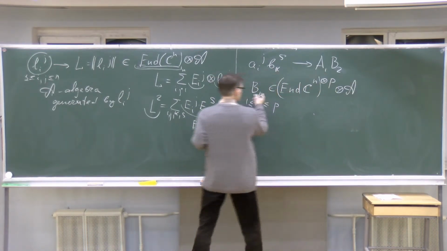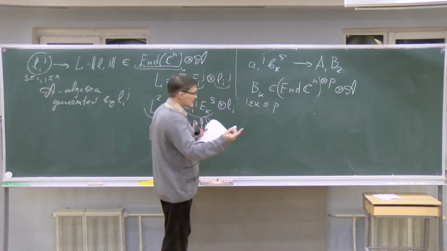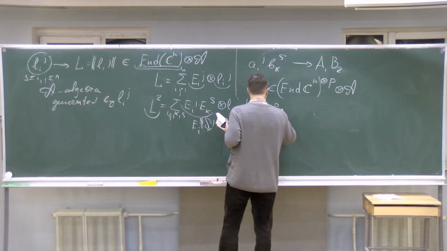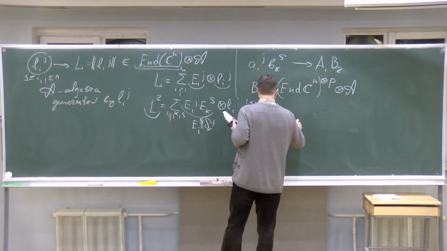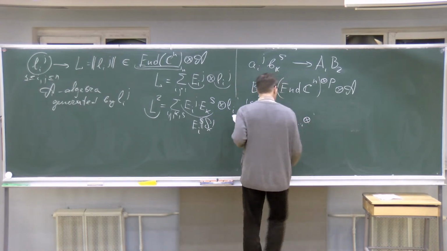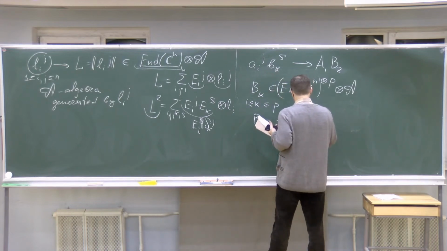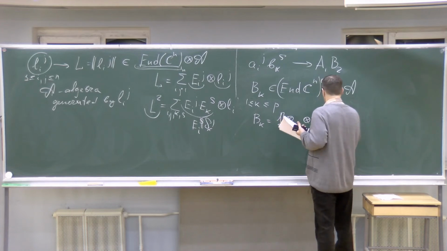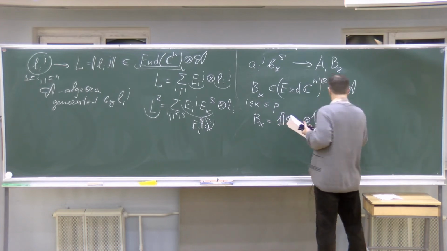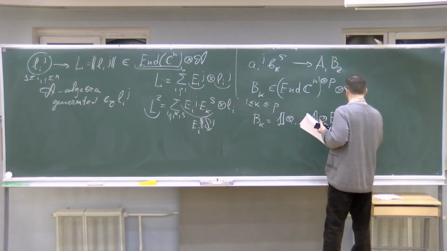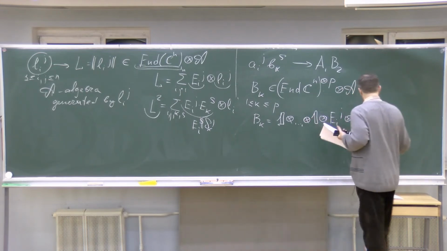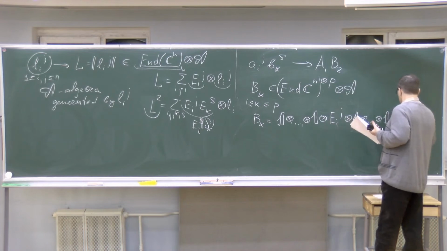The precise structure of B_k is 1 tensor and so on 1, and at the k-th position we have matrix units, and at last B_ij.